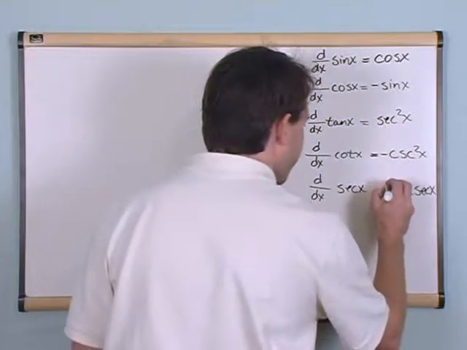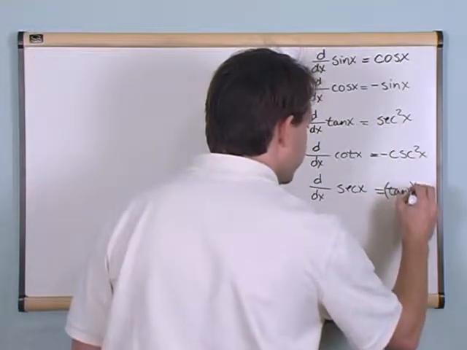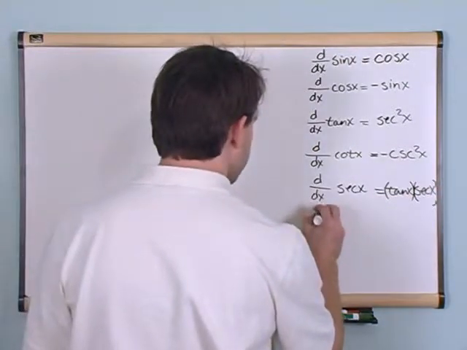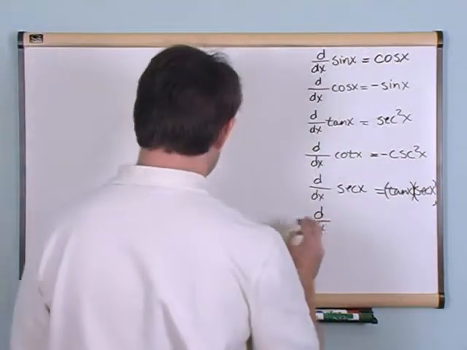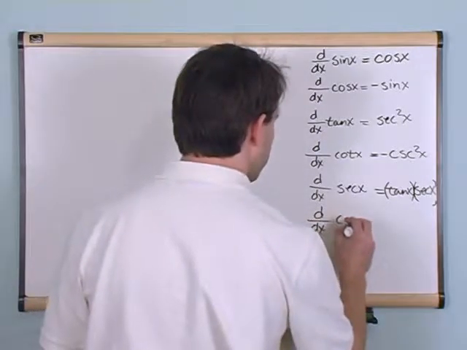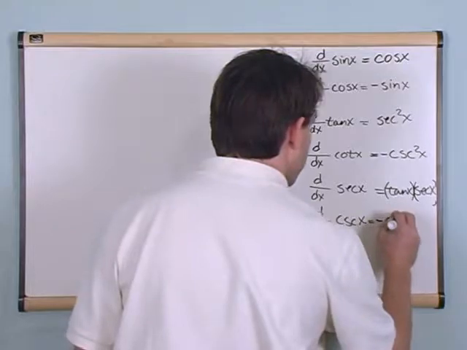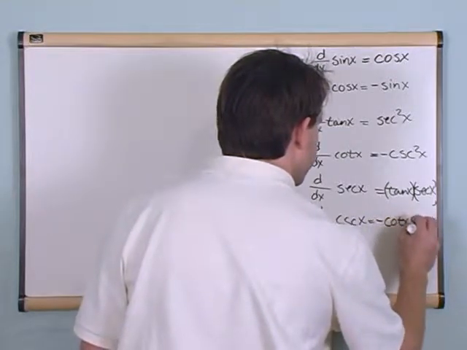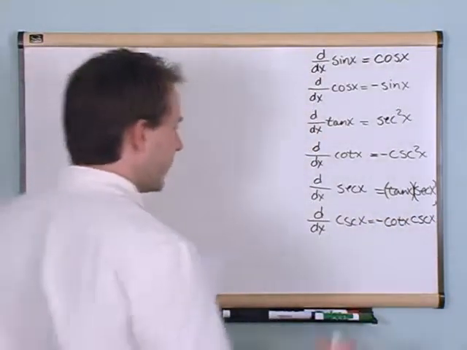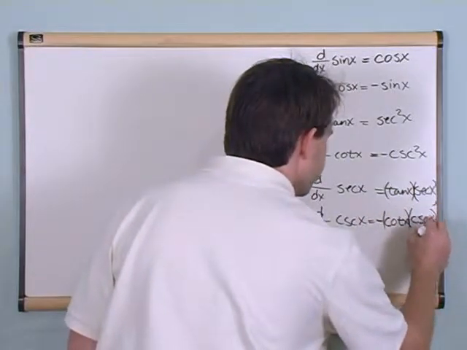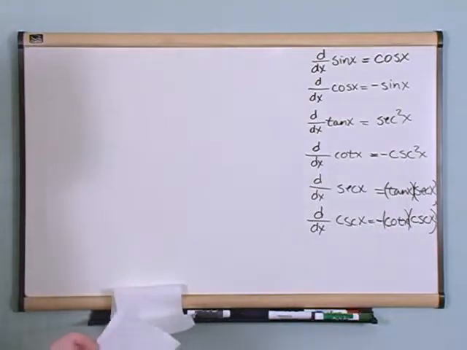So this is a multiplication here, tangent of x times secant of x. And then finally, the derivative of cosecant is equal to negative cotangent cosecant. Okay, and again, there's a parentheses around here, so you're taking these two quantities and multiplying them together.